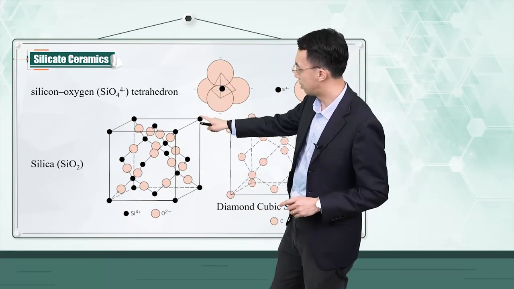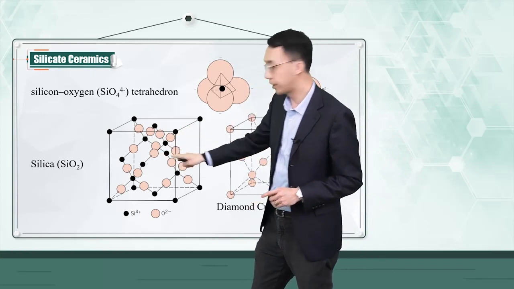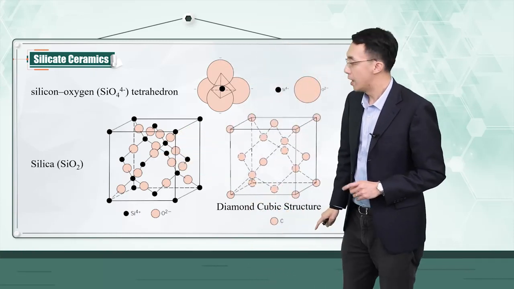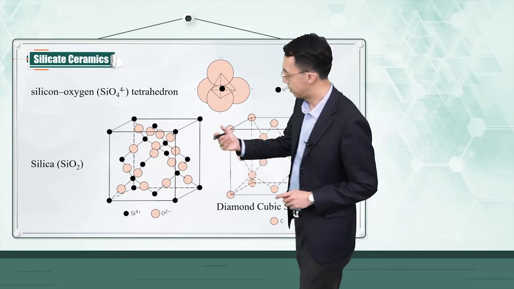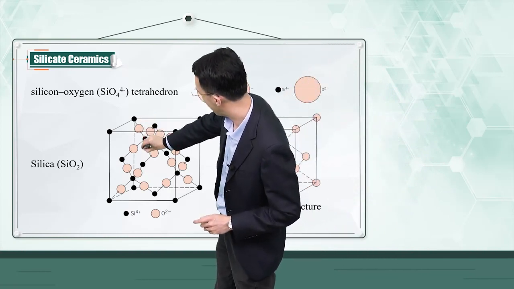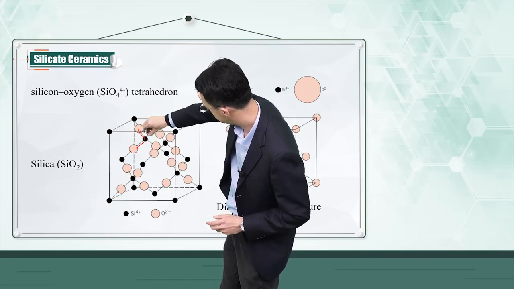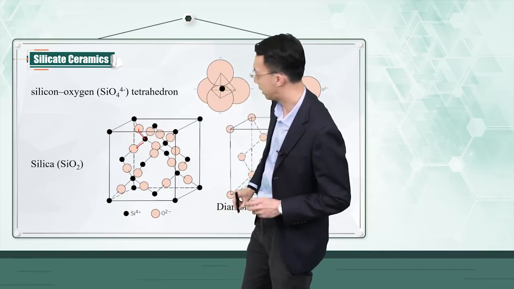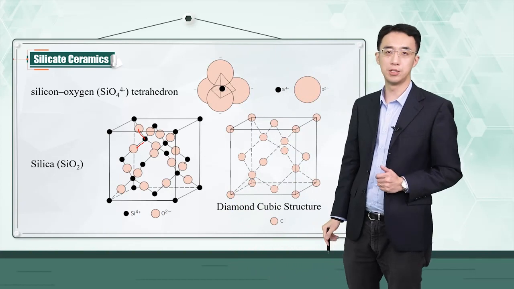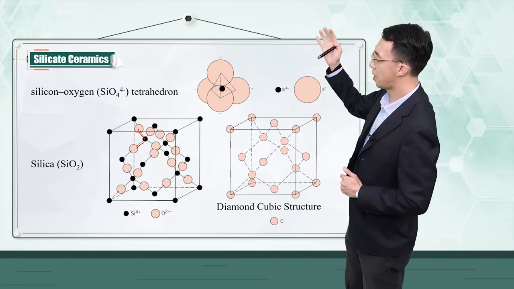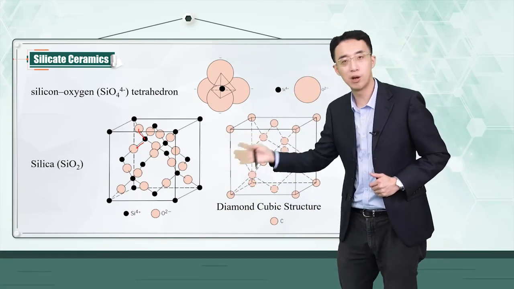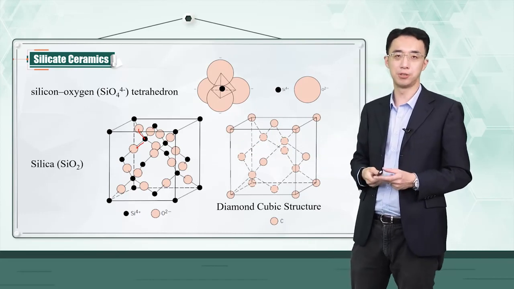The silicon atoms form this diamond cubic structure by themselves. And each of these silicon atoms is connected with four oxygen atoms, okay, forming a silicon-oxygen tetrahedron. And this is a really complex structure, but it's an important structure for a lot of applications.